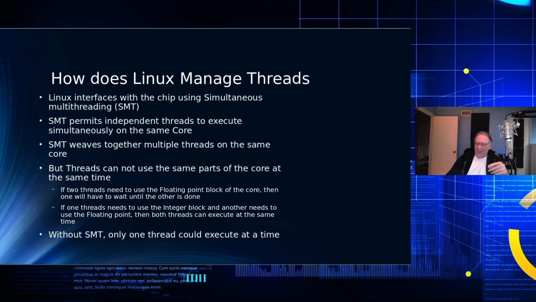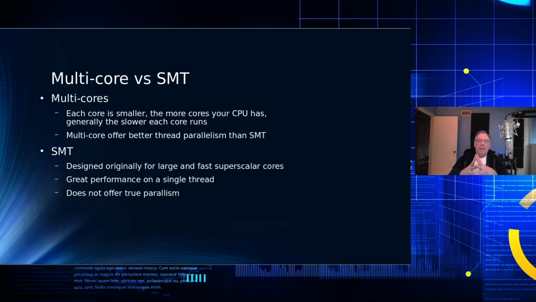So, yeah, it's kind of an early thing that came about through the motherboard manufacturers and also the chip manufacturers. It's still around. However, multi-cores versus SMT: each core is smaller, and the more cores your CPU has, the slower the clock rate. That's to manage the heat dissipation as well as the power requirements for the CPU.